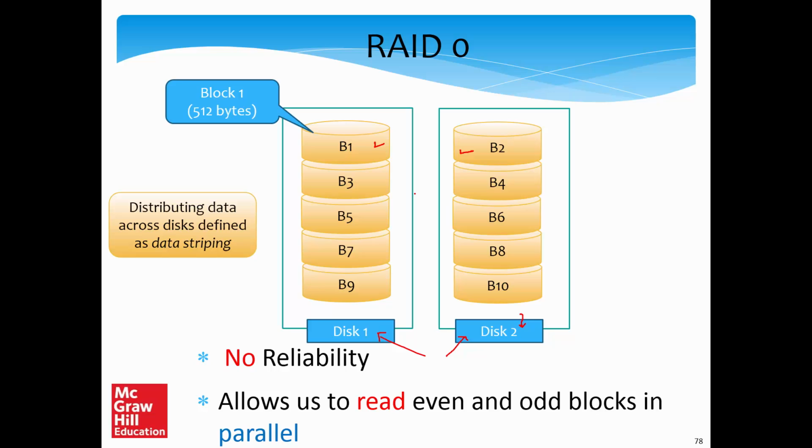In this case, of course, there is no additional reliability. However, it allows us to read even and odd blocks in parallel. For example, let's say we're trying to print a page and the page is in blocks B3 and B4.